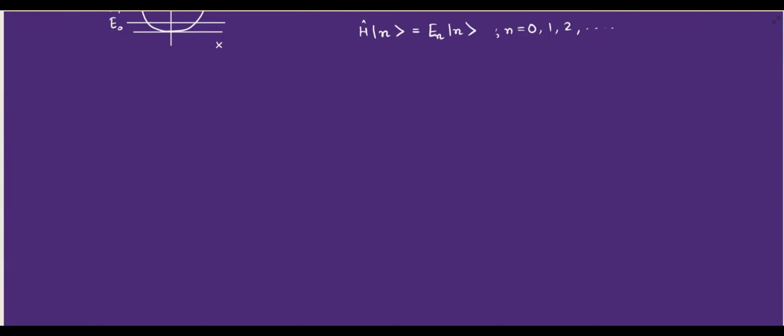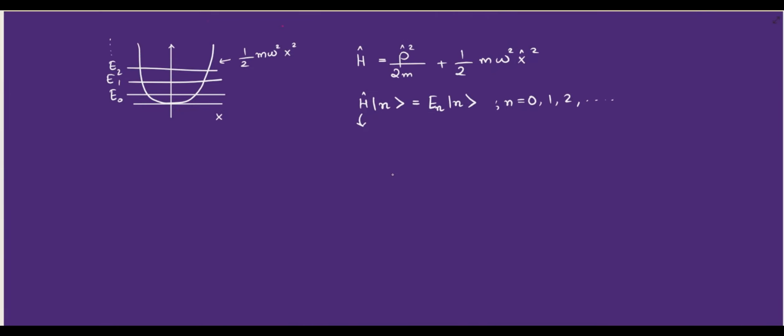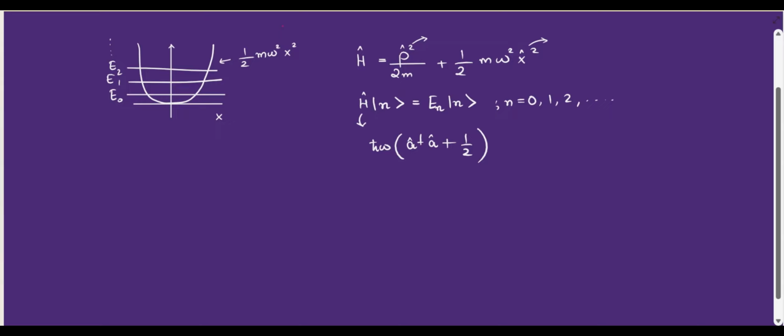We saw that this particular operator can be written, by using a transformation of the momentum and the position into creation and annihilation operators, as h cap equal to h cross omega a cap dagger a cap plus half.